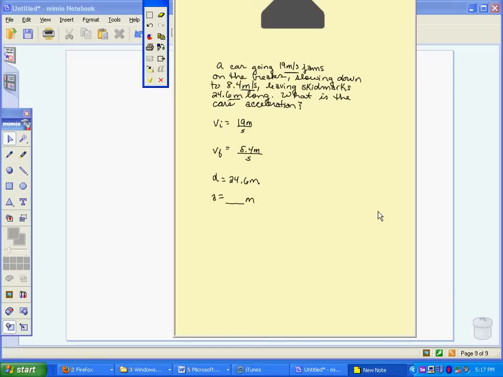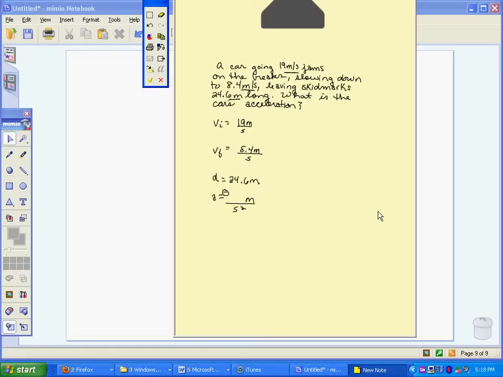I'm going to go ahead and write that here. I'm going to do one more thing, and I'm going to write a negative sign just in case I forget. This means that I'm slowing down, and that way if I do forget, whenever I write my final answer, it'll be there for me.